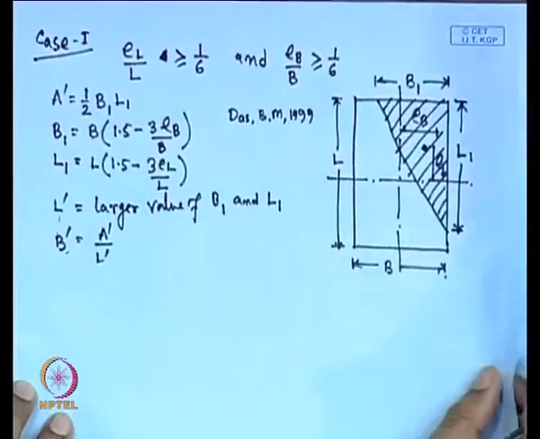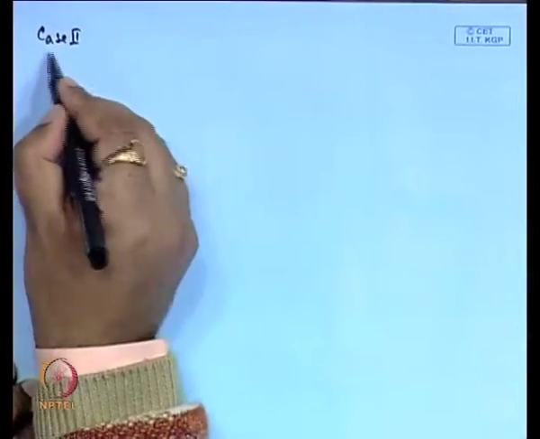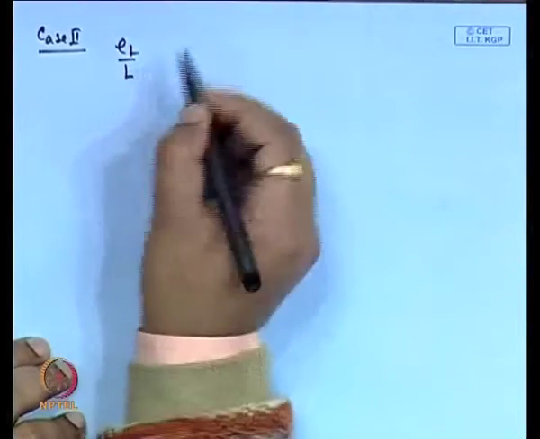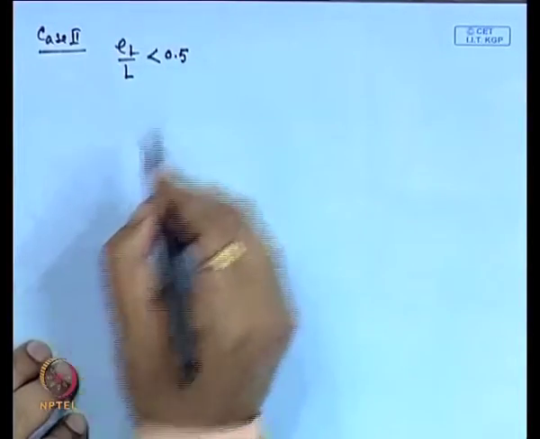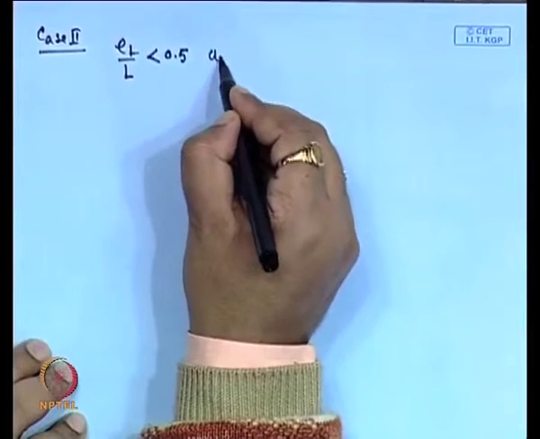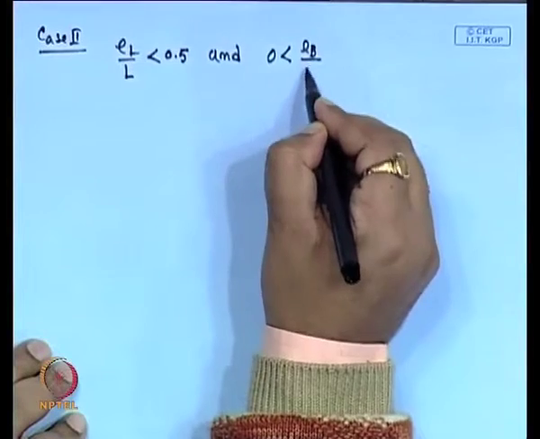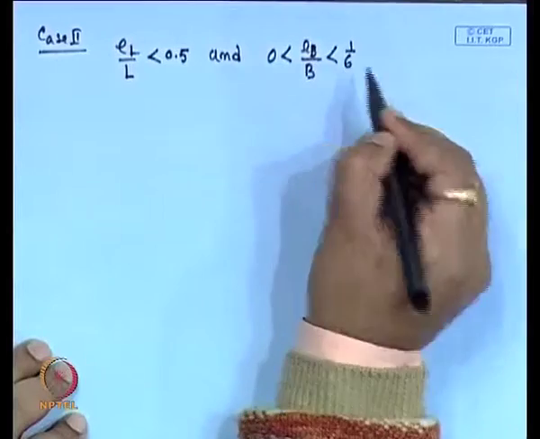Now, the next case, case 2, that I will explain. In case 2, E L by L is less than 0.5, and another condition is that E B by B is greater than 0 and less than 1 by 6.